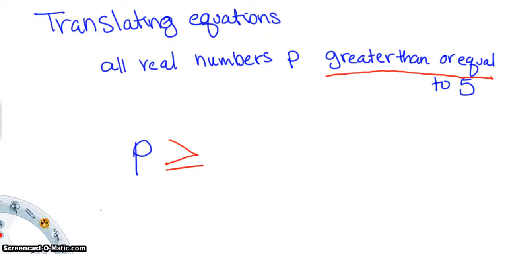So we put in a 5. That's how we translate it. Now you can see p is greater than or equal to, it's opened up to the p, and 5 is your smaller number. Some people like to pretend that the beak of it points to the smaller number. Some people like to pretend the mouth of it opens to the larger number. Whatever works for you is okay.